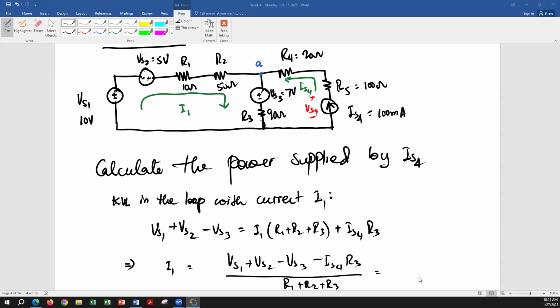Let me know if you get the same. VS1 is 10, VS2 is 5, VS3 is 7, and IS4 is 180. R1 is 10, R2 is 50, R3 is 90, R4 is 20.